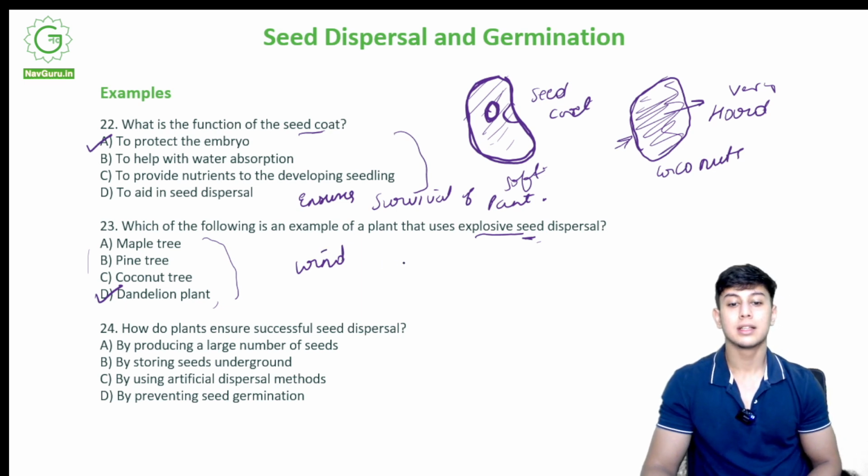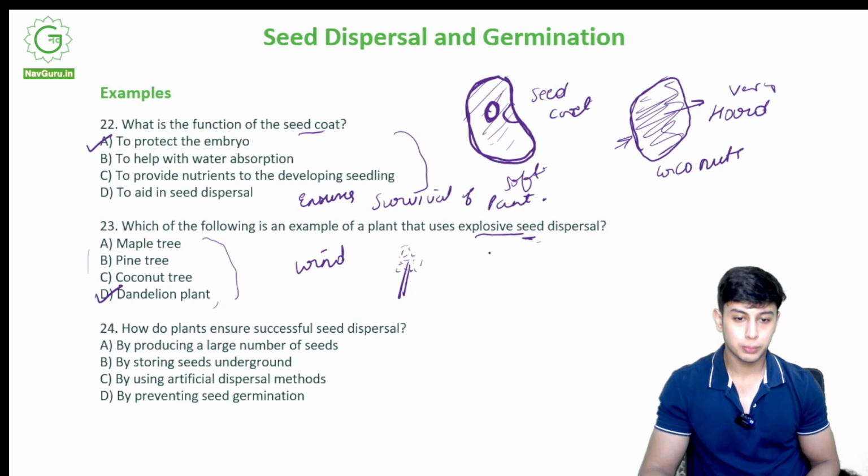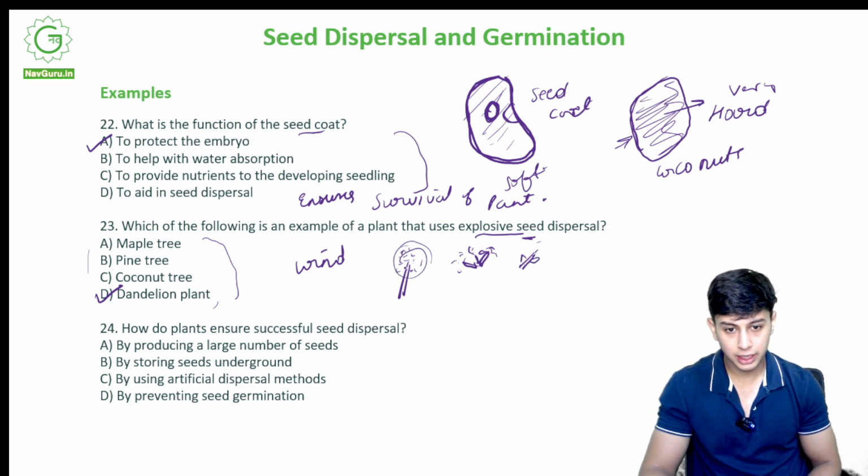What happens is, before the plant has matured into some wings, okay, the plant does not have any wings. It is a very harsh part, but this pod would explode and the seeds will be carried away by wind. The pod that is holding the seeds will explode. So it is the dandelion plant.